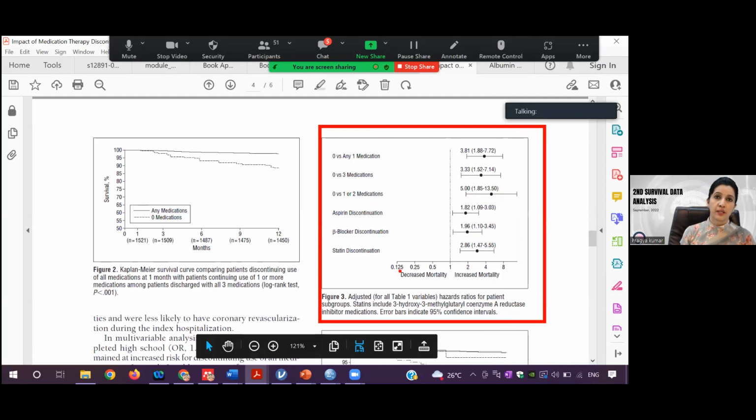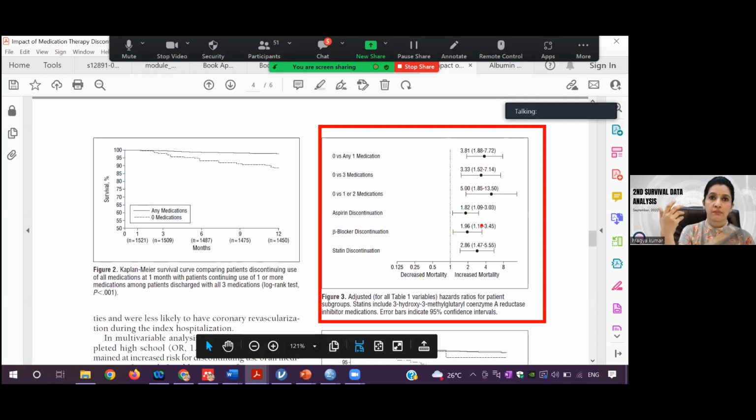The outcome here was mortality. And they have shown all these hazard ratios, because if you remember, this is the line of 1, and all the variable values, either towards the right side or towards the left side, will be significant. So they have shown it only for the significant ones.